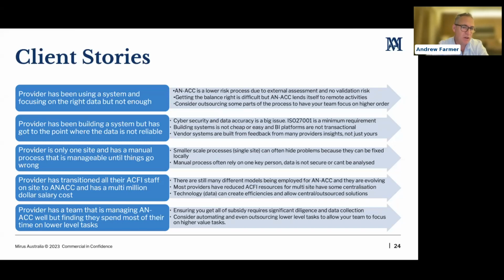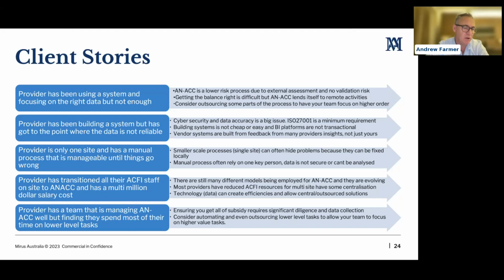Say a provider is only one site and has a manual process. Manual processes work well for small scale, but once you start multiplying those problems, spreadsheets and manual processes really don't work. They're not sustainable. Another provider transitioned all their ACFI staff. It's really interesting to see the various models of how they've transitioned, like I talked about earlier. But you can be carrying a significant cost that is not counted in care minutes to manage AN-ACC.